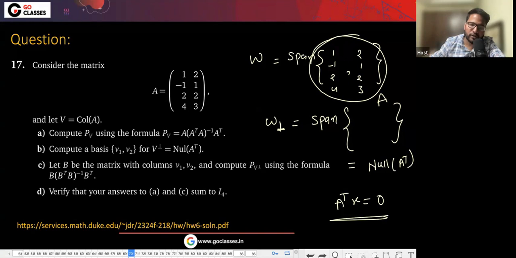Okay. So for example, then W orthogonal will be, you put that into A, right?